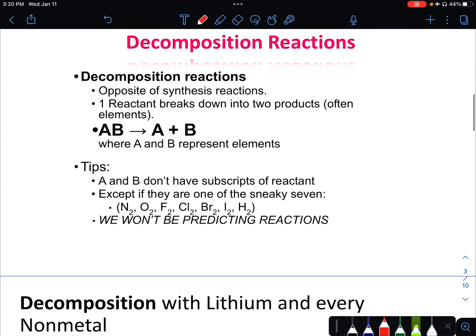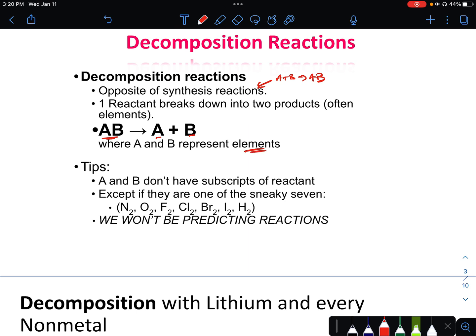All right, so decomps are the opposite of the synthesis reaction, because if you remember synthesis, that was A plus B yields AB. So this stuff is just the opposite of it. We start with a reactant, and it breaks down into two products. These are often going to be elements.